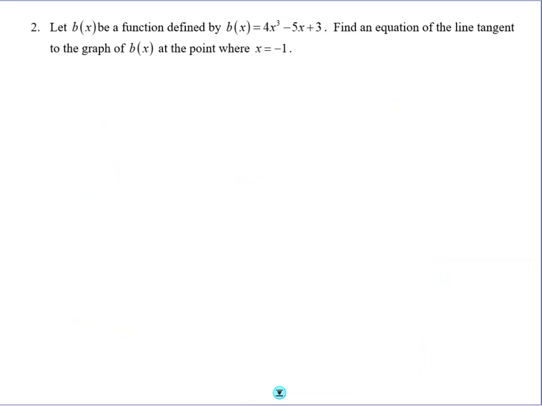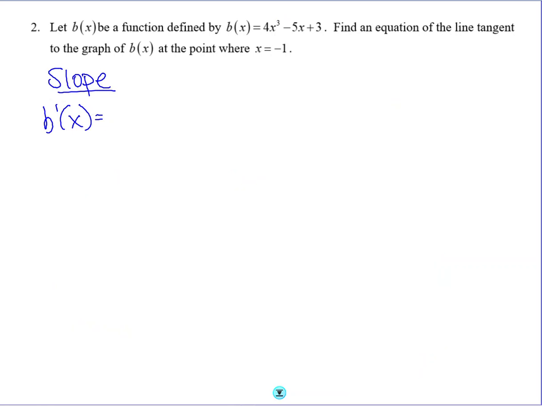Next, we have that b of x is a function defined by b of x equals 4x cubed minus 5x plus 3. We want to find the equation of the tangent line at x equals negative 1. So, to find the slope, we need the derivative, b prime of x.